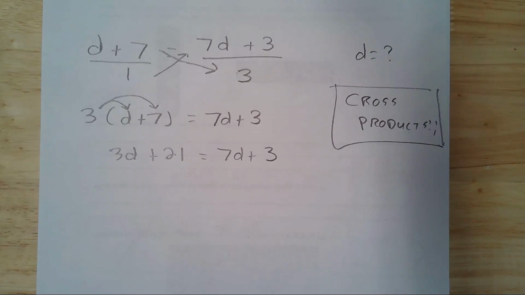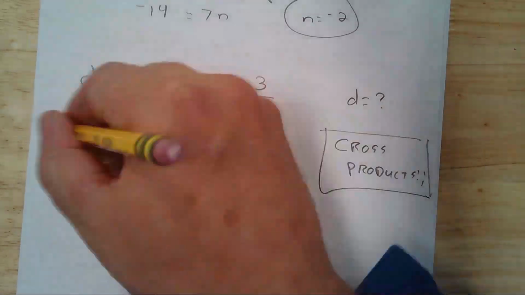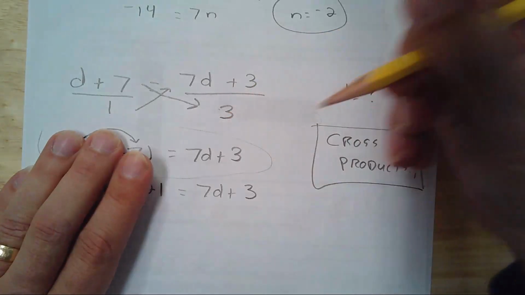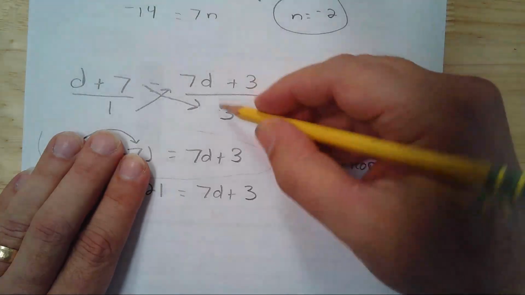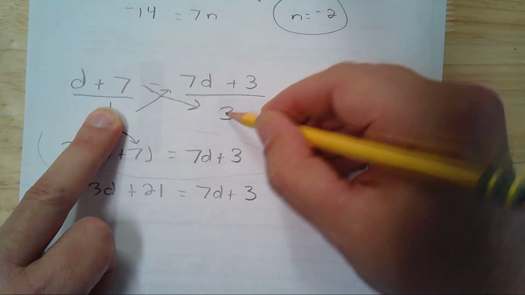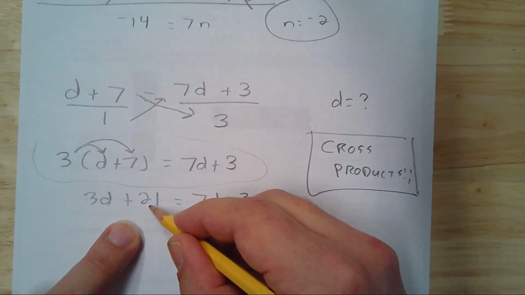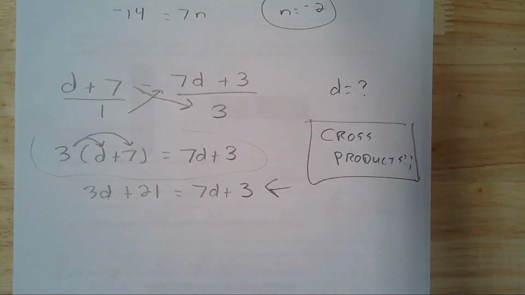So this step here, again, I will leave this up to you if you want to write it in this form. Some people can just look at this, and you guys are certainly of that caliber, and just go 3 times d is 3d, 7 times 3 is 21, and get right to this equation without writing this one out.